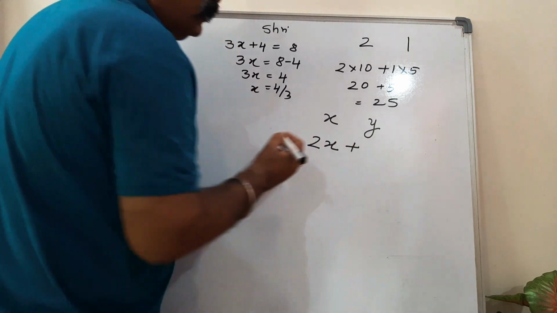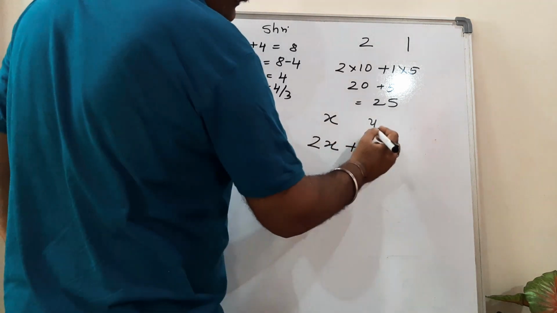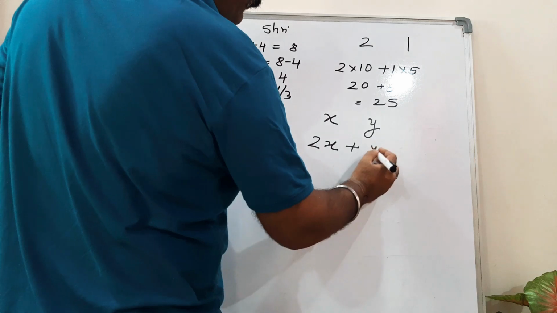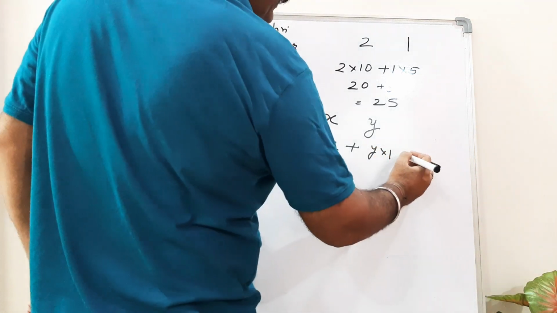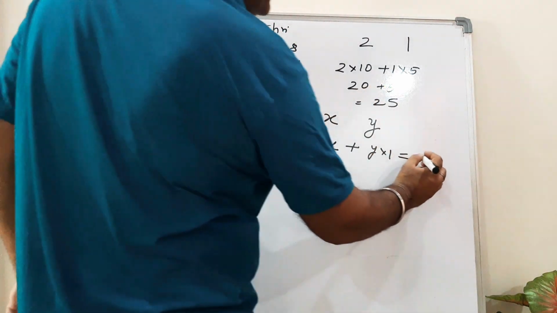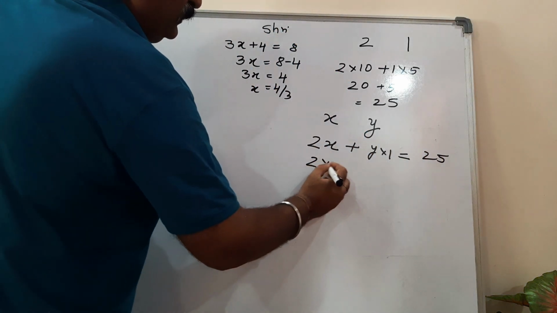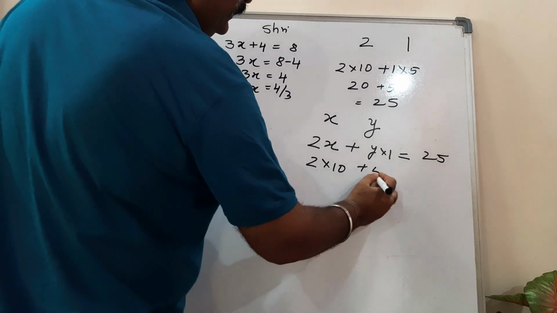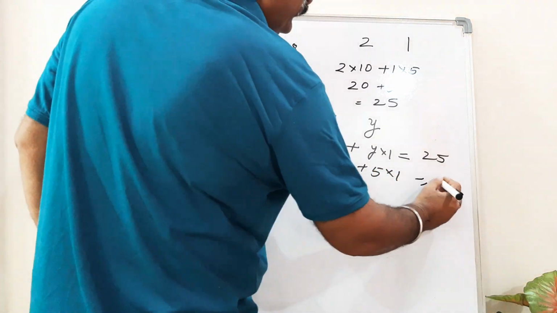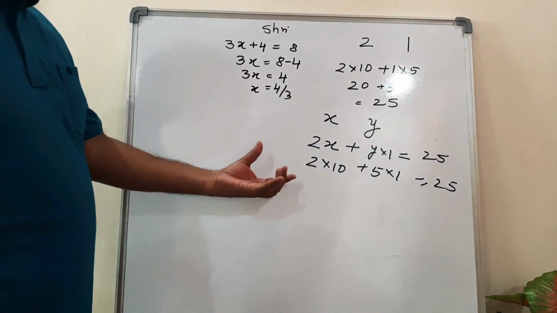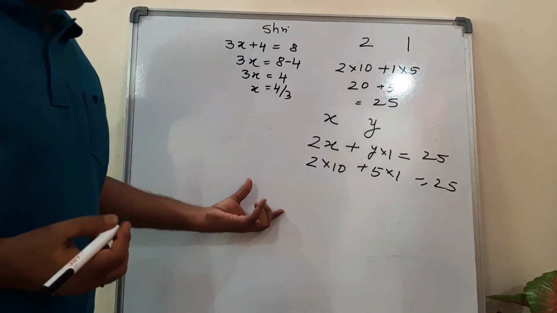Then the cost of 1 kachori will be y into 1. It means totally how much you paid? 25. So what can you write here? 2x plus 1y is equal to 25. And this is how to construct the linear equation.